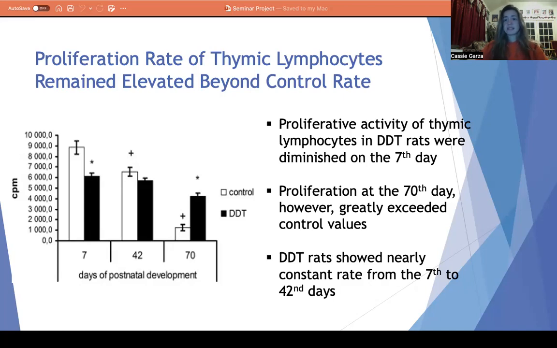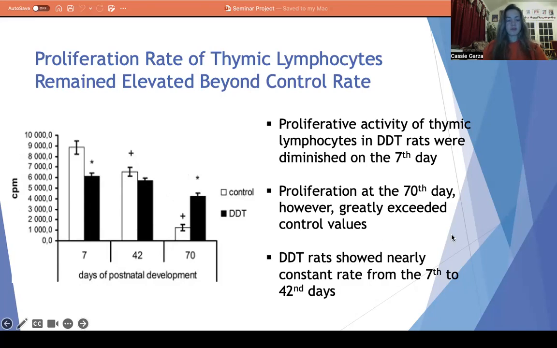And then the cells were collected and counted by a cell harvester. If you look here, you can see on the x-axis, like I described, the days of postnatal development. Once again, neonatal, puberty, and adulthood. And then the y-axis, CPM, is the counts per minute that were measured by the harvester.